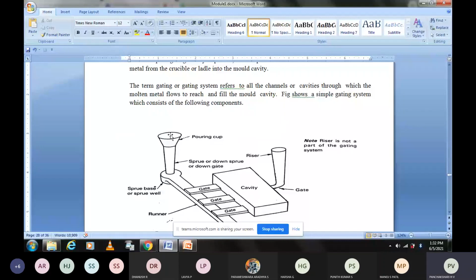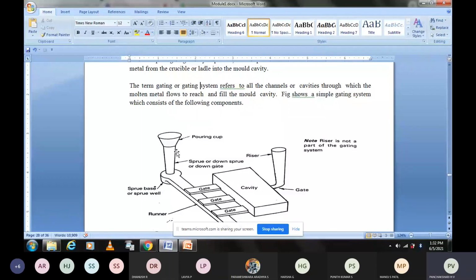That liquid metal flows down through the sprue. It is made slightly tapered. Already I have told you why it is made taper. Because if it is made taper, it is easy to remove the pattern. If it is not made taper, it is difficult to remove and it will get damaged.